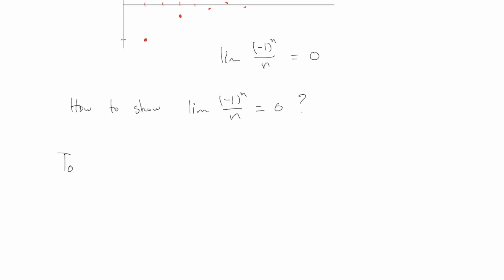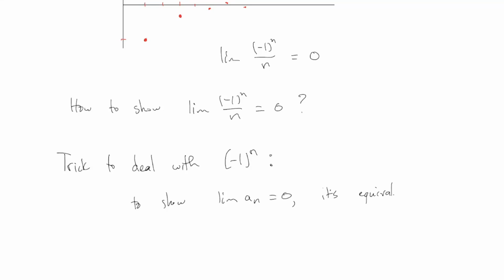And here's a cute trick. This is a trick to deal with -1 to the n when you're trying to take a limit of it. To show that the limit of a_n equals 0, it's equivalent to show that the limit of the absolute value of a_n is 0, right?